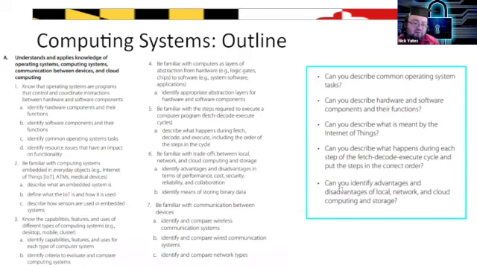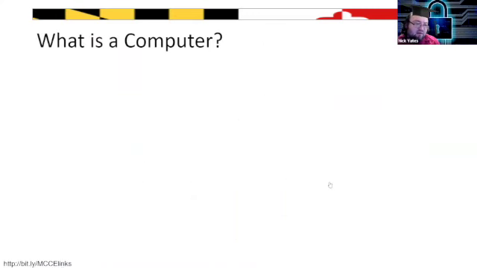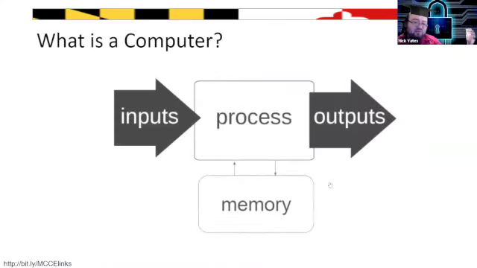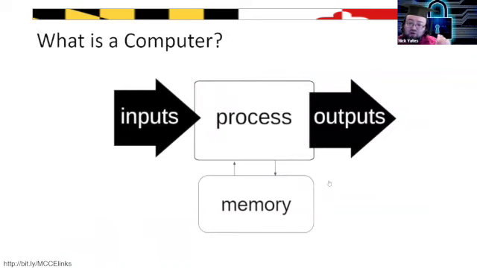So we're going to start with the systems within a computer. And of course, we'll just start with, well, what is a computer? This diagram you've seen before in these presentations. A computer is a device that processes inputs, creates different outputs, and uses memory to help that processing. We're going to look at what the different systems are that enable that to happen.